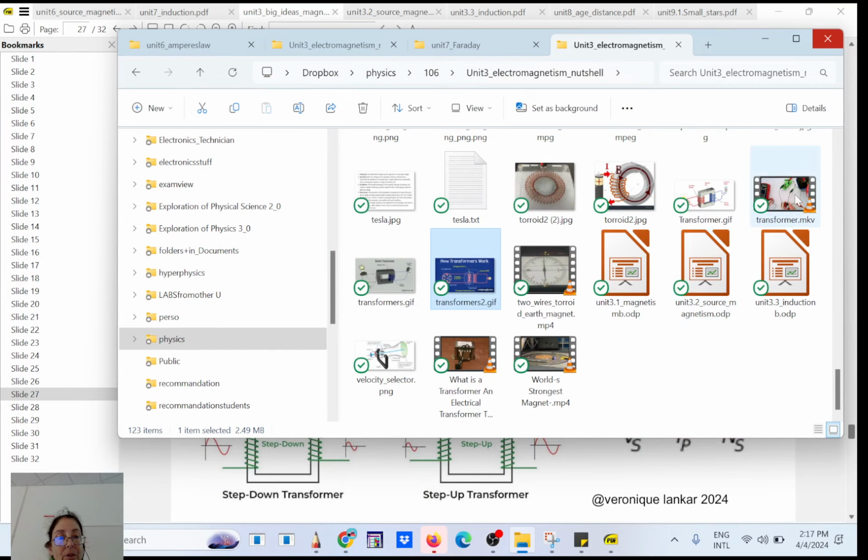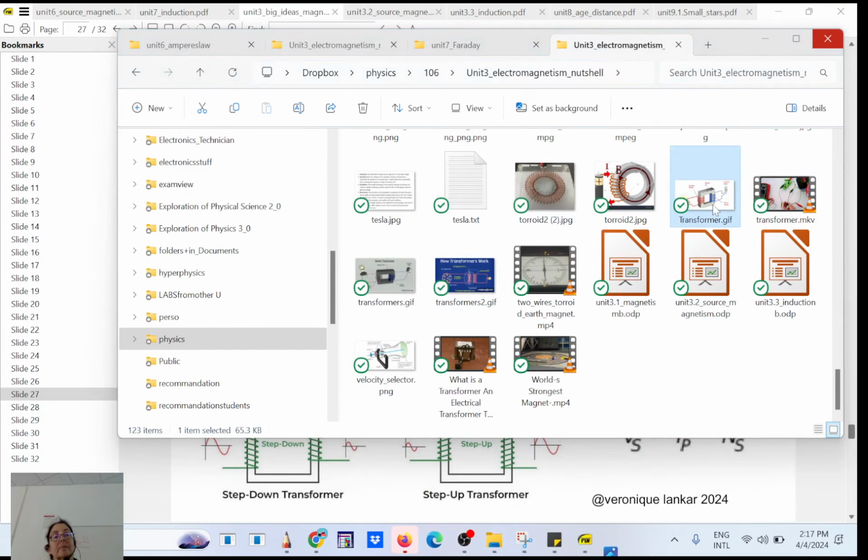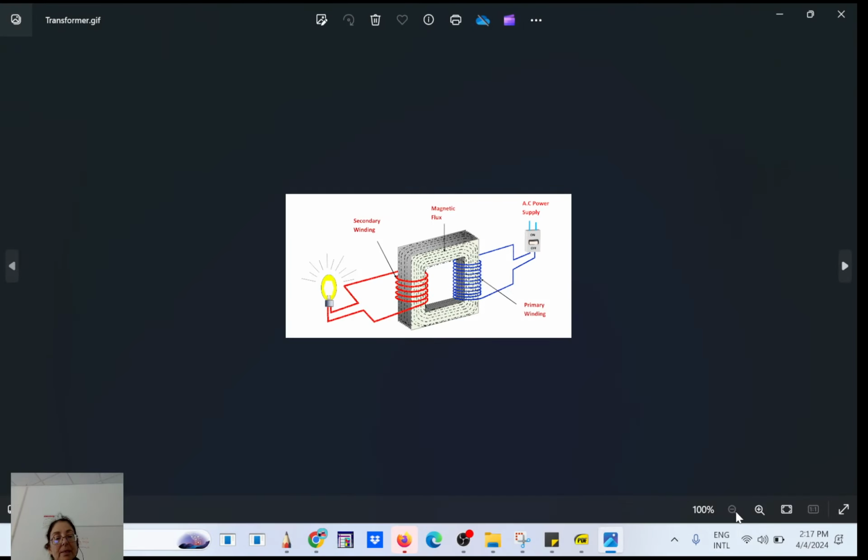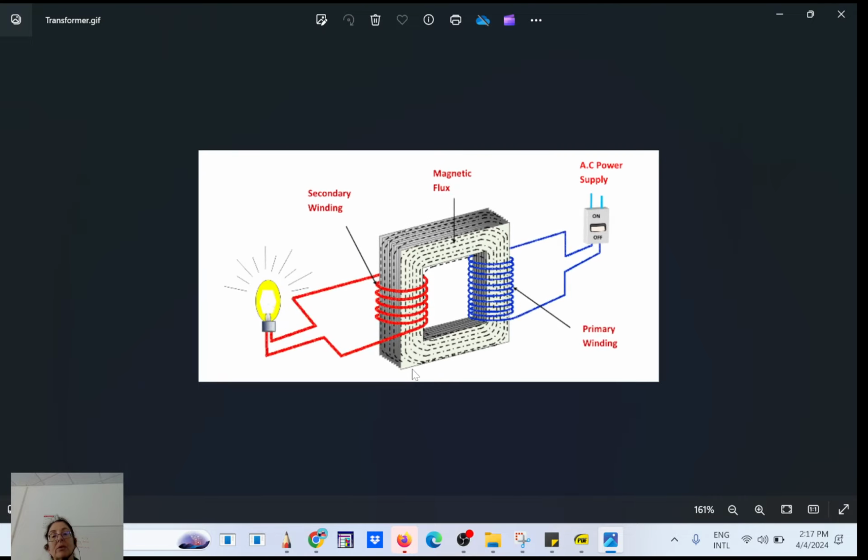So let me show you another one. The thing to understand here is that when you are using a transformer, it looks like that. This is made of soft iron and it does not let the magnetic field escape. It's going to trap the magnetic field inside that donut made of soft iron and it will amplify it.